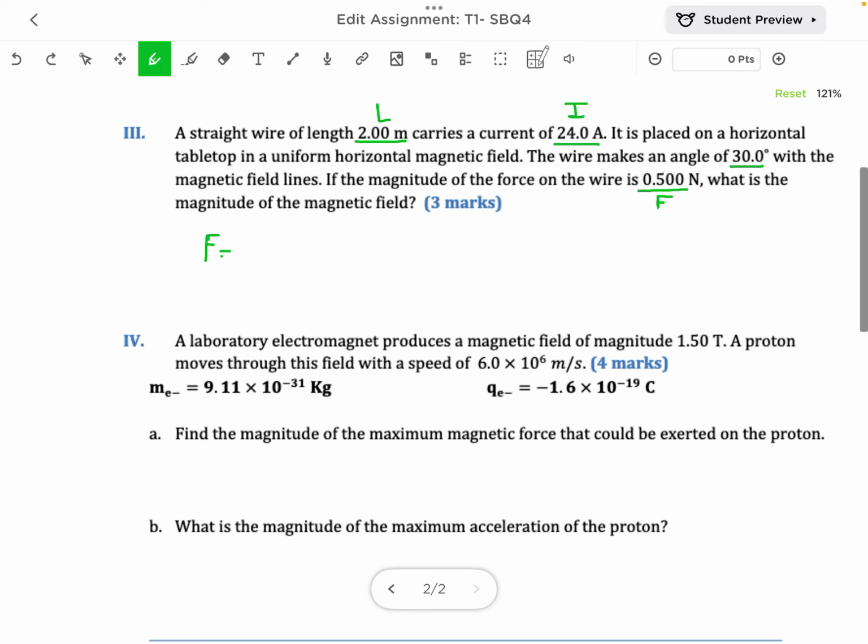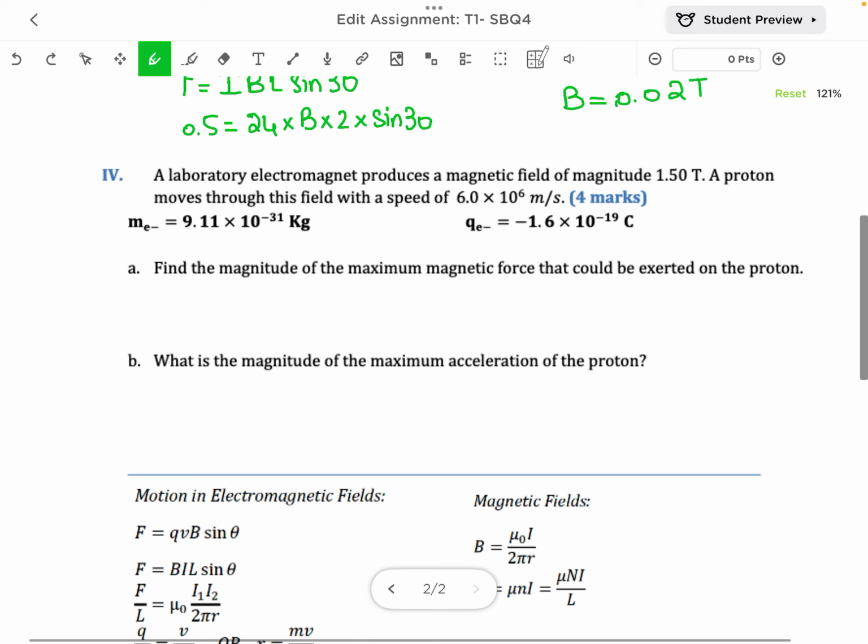So again with the same equation, I B L sine of 30, replacing everything by its value. The length is 2, sine of 30. B is 0.02 Tesla.